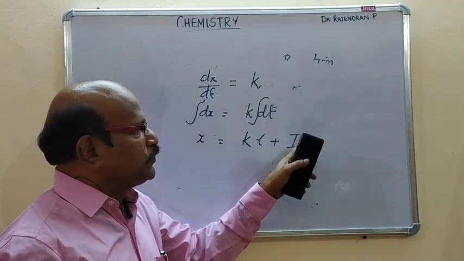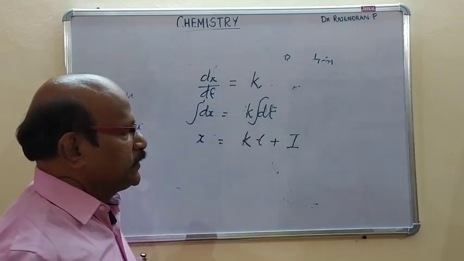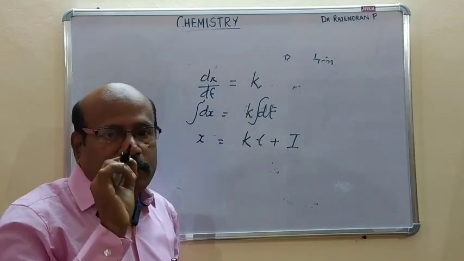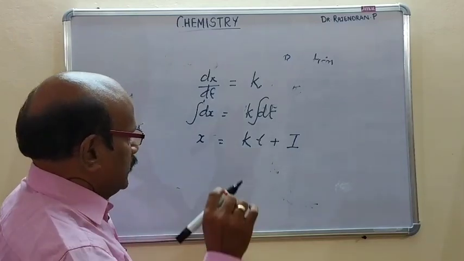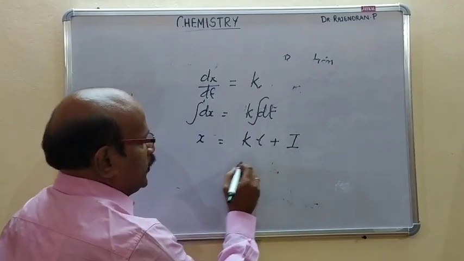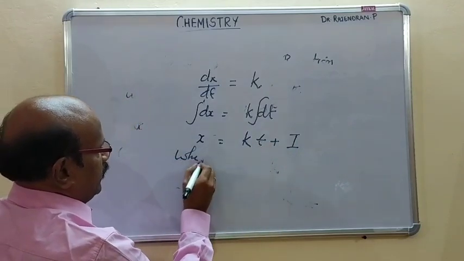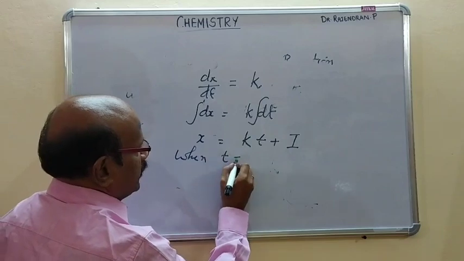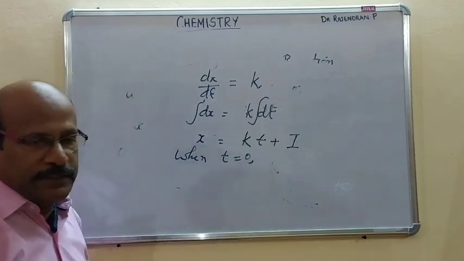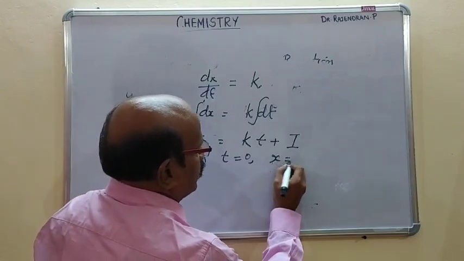Now we want to find the value of I, the integration constant. For that we have to apply the boundary condition: when the time t is equal to 0, then x is equal to 0.